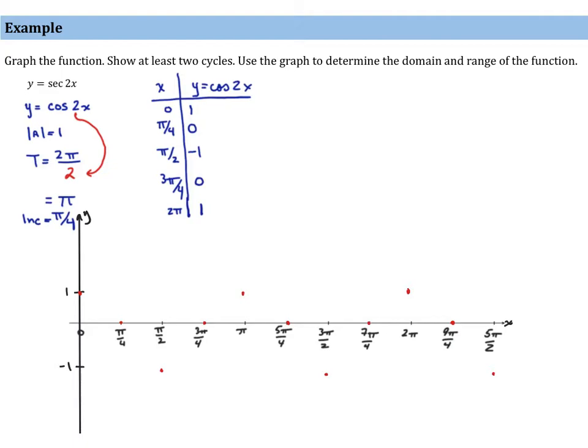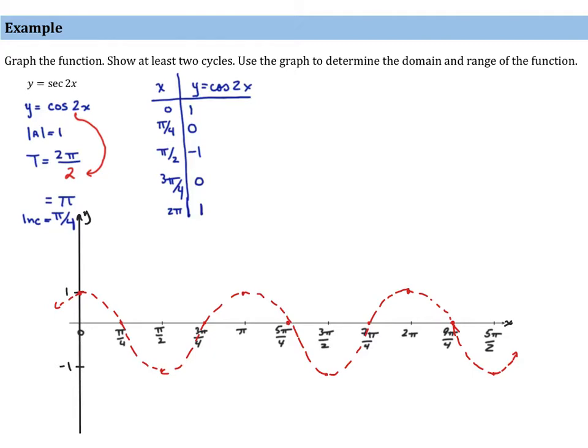This is merely going to be used as a guide to graph our secant function. So now let's go ahead and find our vertical asymptotes.